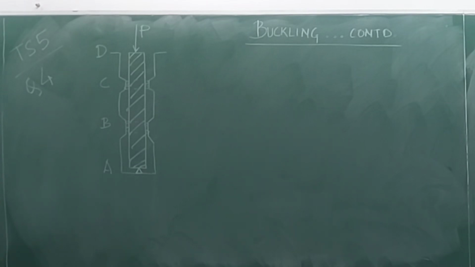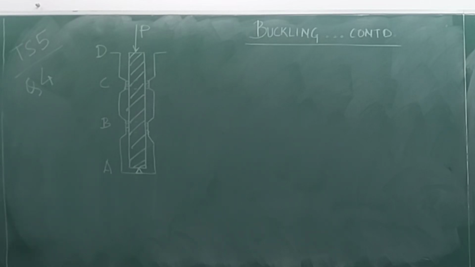Okay. So what is the absolutely critical condition when you are applying a load? What is the condition? Physically, what do you expect? It is just about to buckle everywhere, is it not? Now, just about to buckle everywhere means what?